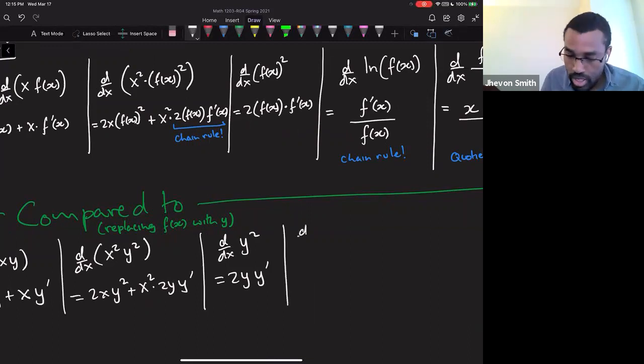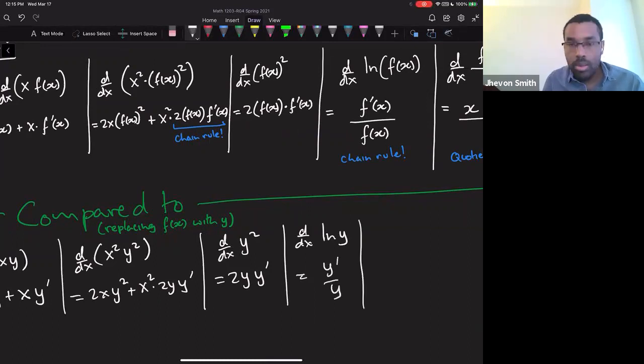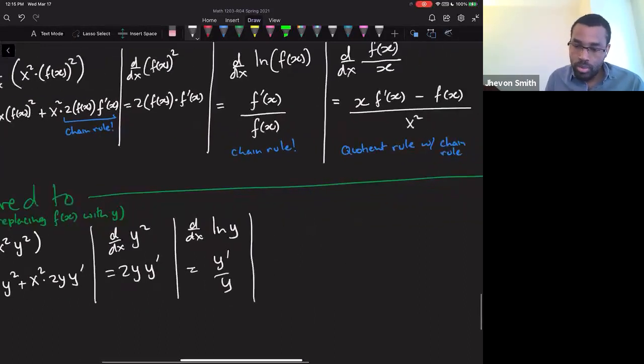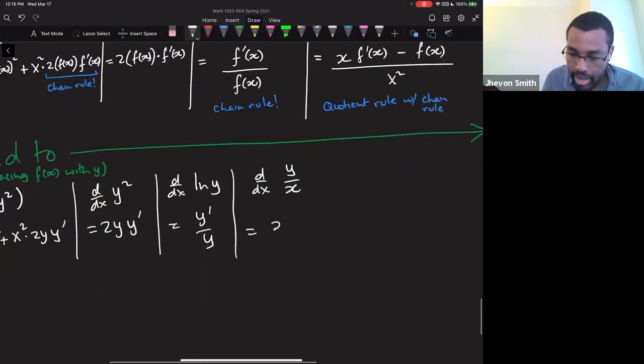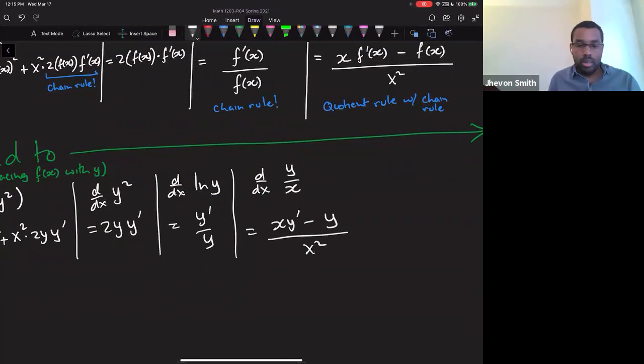What if I wanted to differentiate ln of y? Well, that would be y prime over y. What about y divided by x? Well, that would be x y prime minus y all over x squared. That's what the derivative would look like, right?